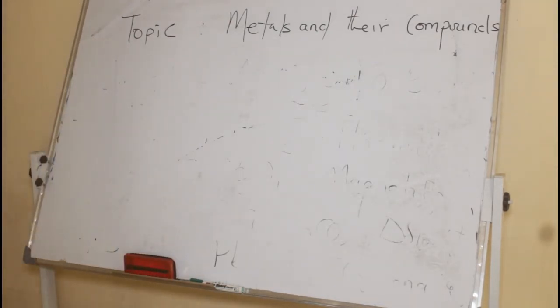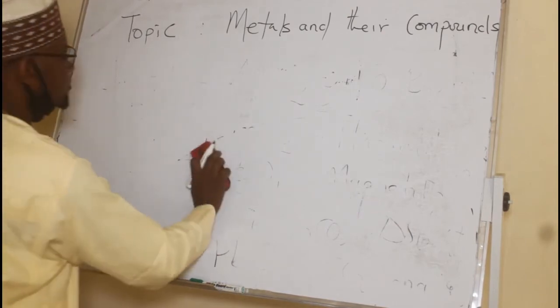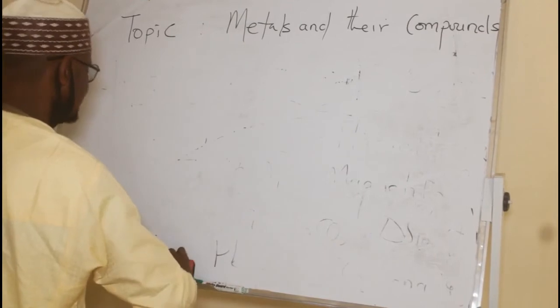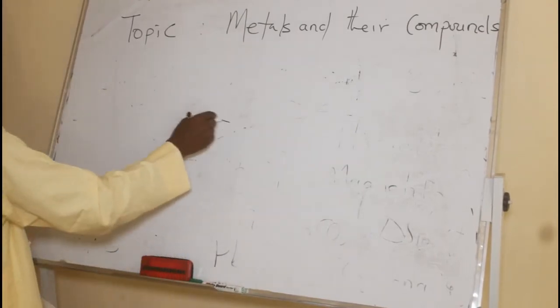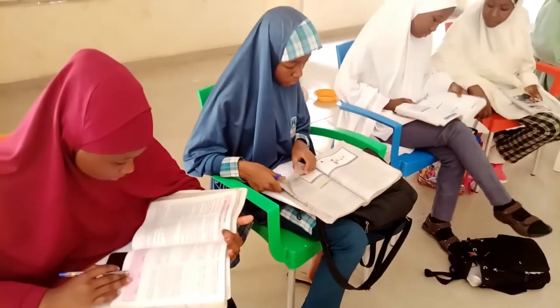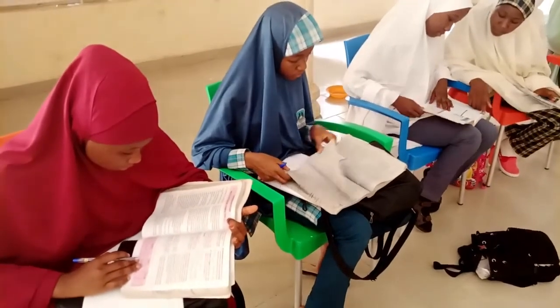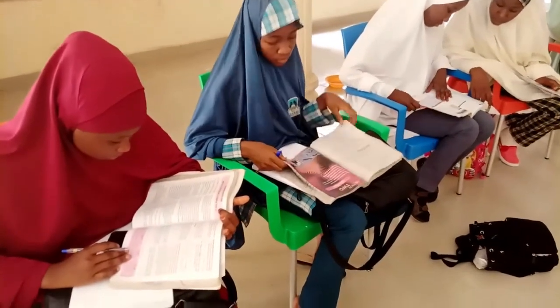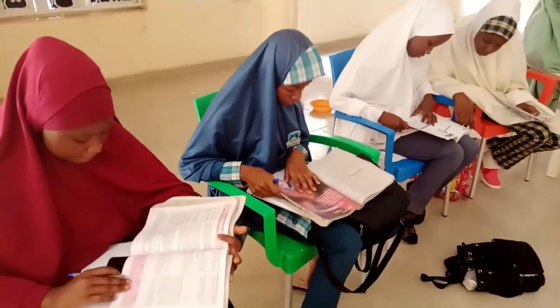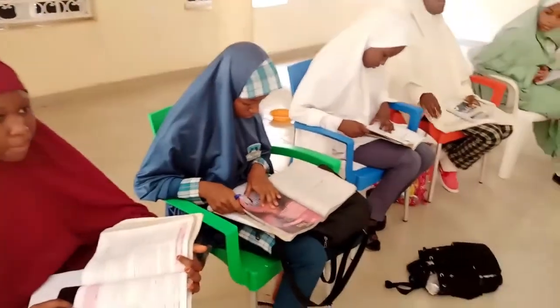If you remember, electrolysis is always like this. Let me clean the board clearer so that you guys can see. Let's say you have a large container like this. You have your electrolyte. We normally use our electrodes here, dip them into this mixture.